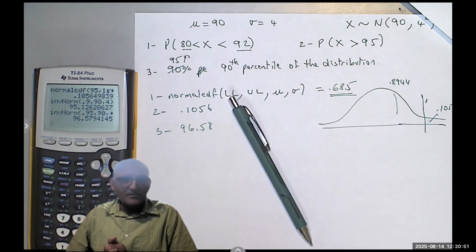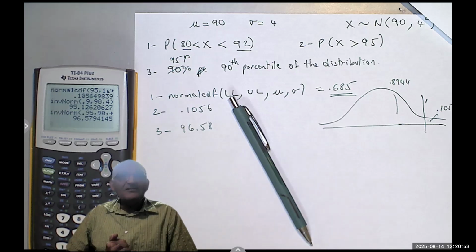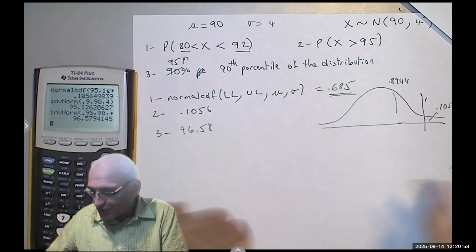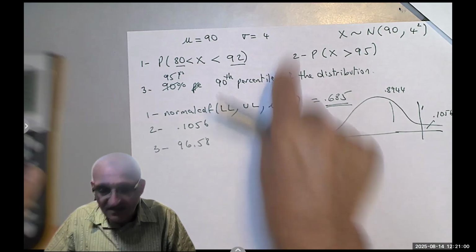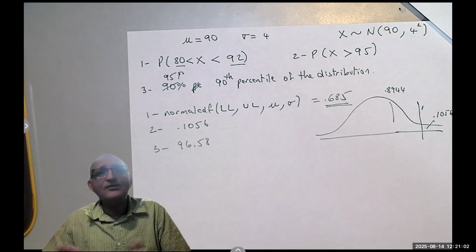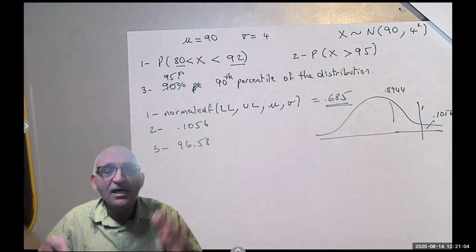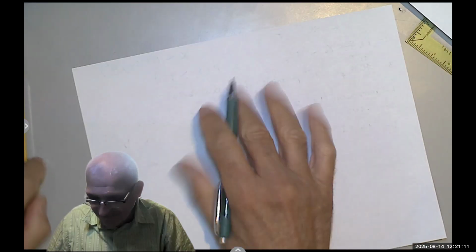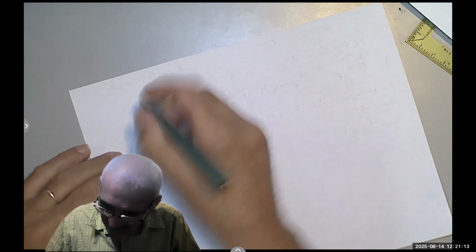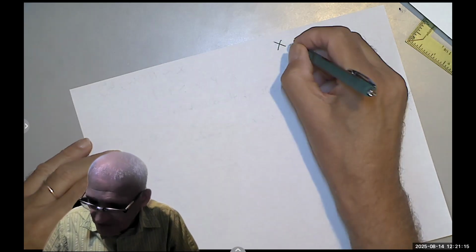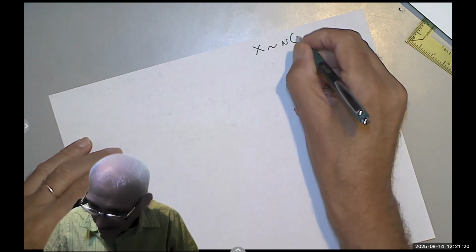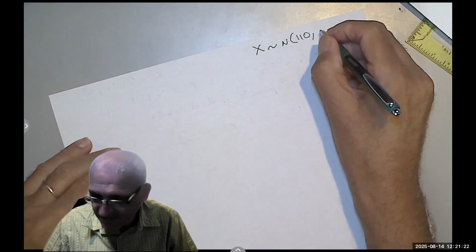Very simple, right? Now we can repeat that, but for a problem where I have a distribution, but instead of calculating these numbers for the distribution, I'm going to calculate it for the mean of a sample size. So let's say my x is also distributed normally. And let's take a mean of 110 and a standard deviation of 30.